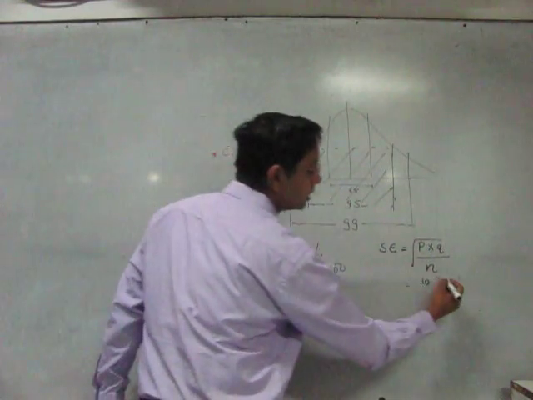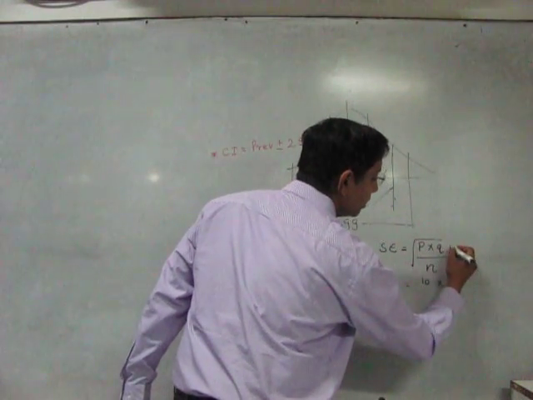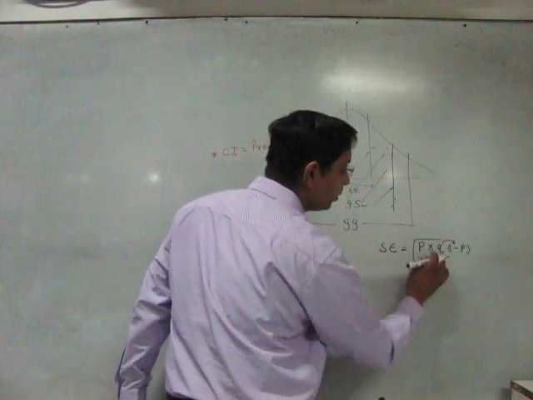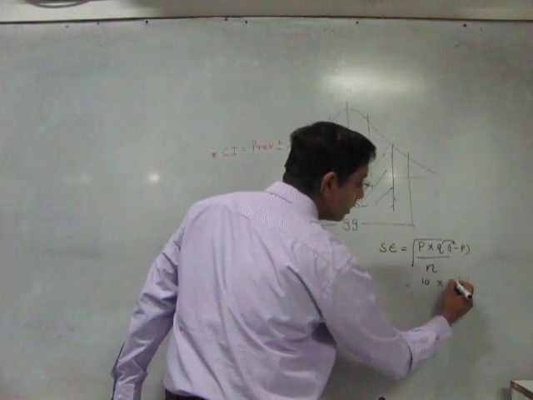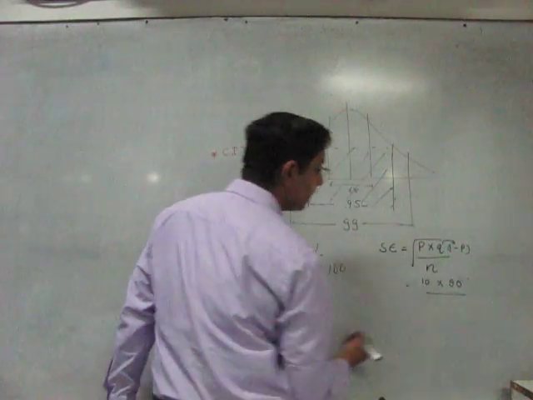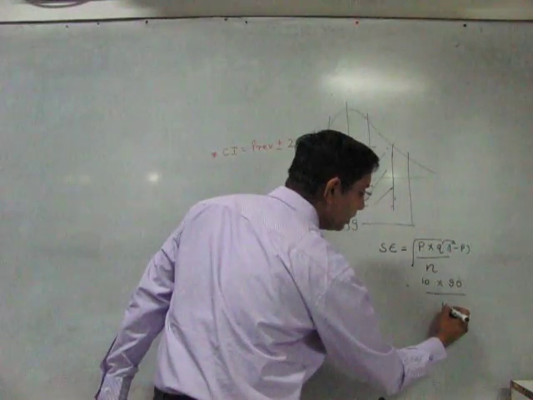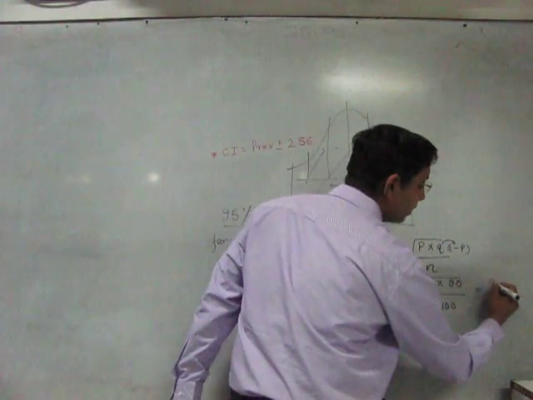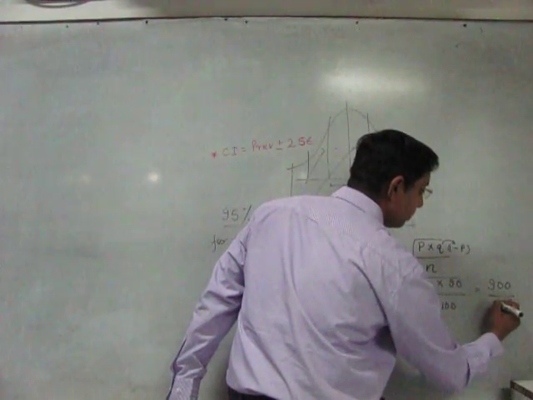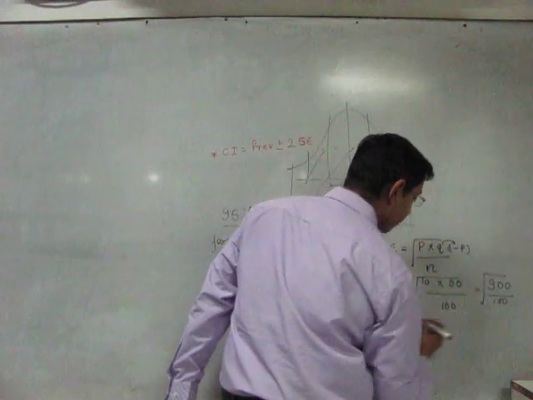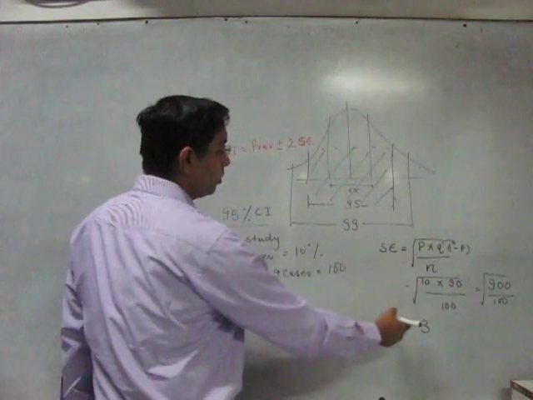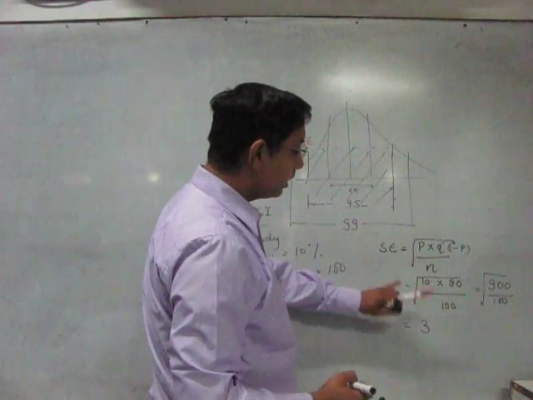Q is nothing but 1 minus prevalence. This is what is Q. So what will be 1 minus prevalence? That will be 90, divided by sample size, that is 100, whole under root. So this will be given by square root of 900 divided by 100. This is equal to 3. So what do we get over here? That the standard error is 3.